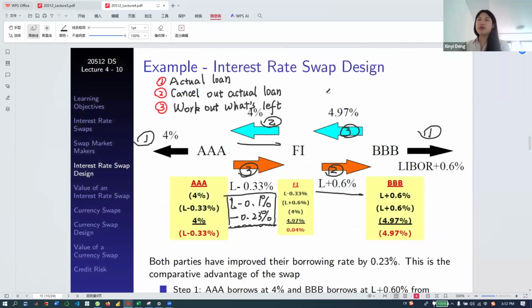So here we just use 5.2% minus the gain of 0.23%. So that's how you get this 4.97%.